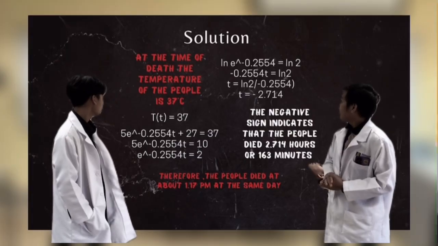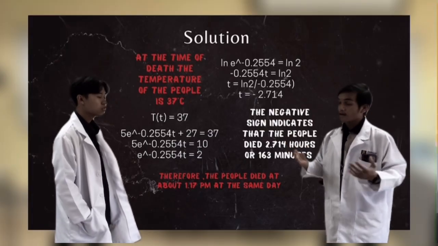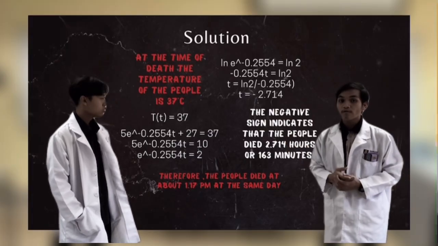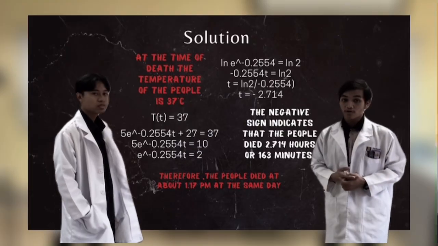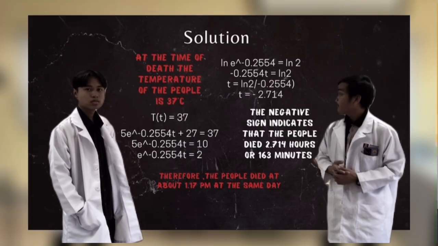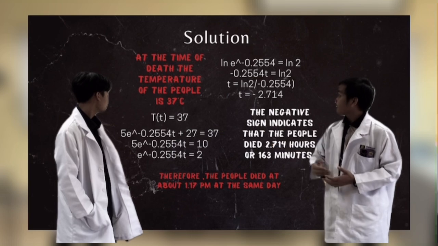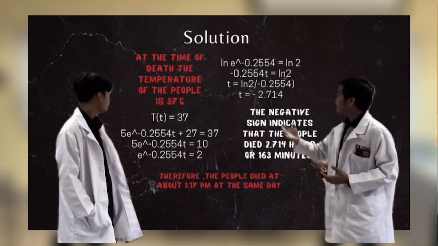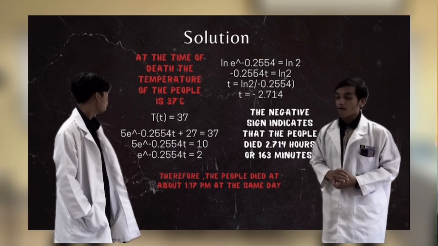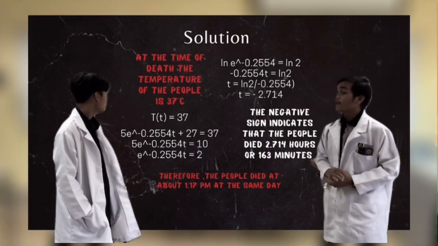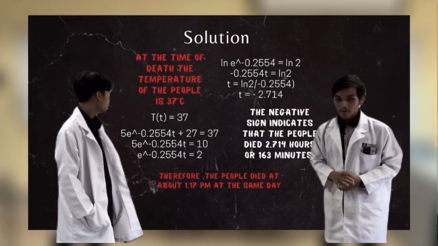After that, we take ln of both sides, and we get negative 0.2554 t equal to ln 2. To find t, we divide ln 2 by negative 0.2554, and we get t is negative 2.714.